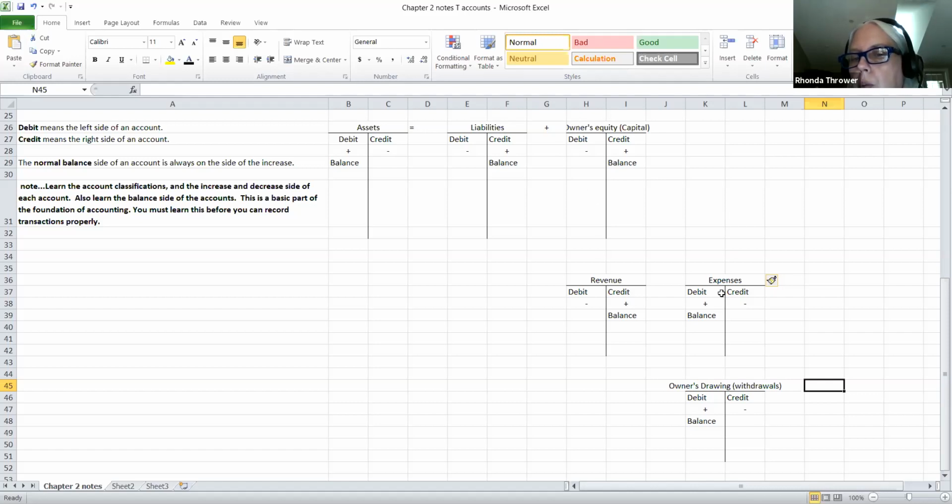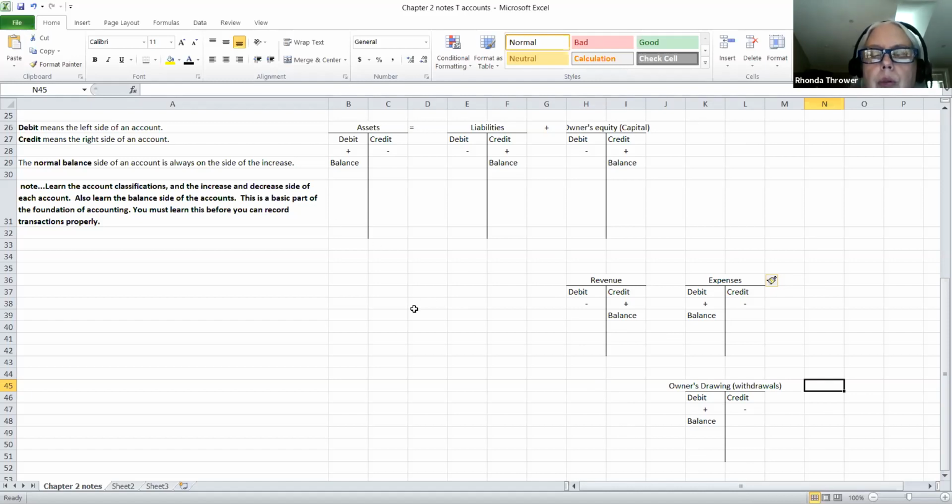You combine your revenue and expenses to find net income. Your net income would add to your owner's equity, and then your drawing would decrease the owner's equity. So all of these are your owner's equity accounts. These are your income statement accounts, these are owner's equity accounts, and these are balance sheet accounts.